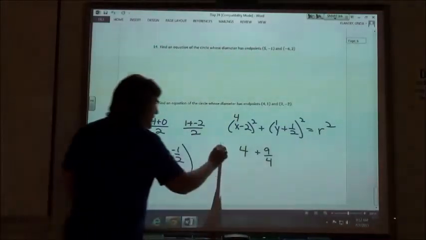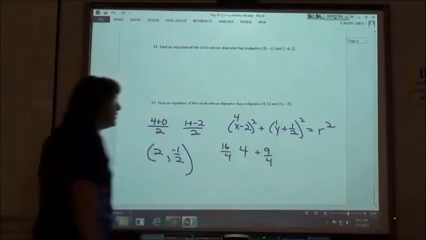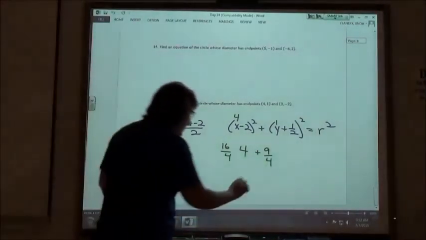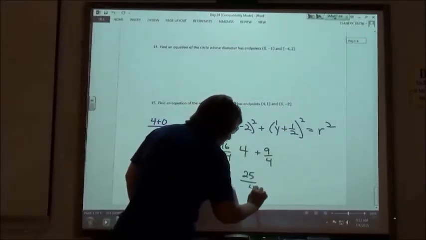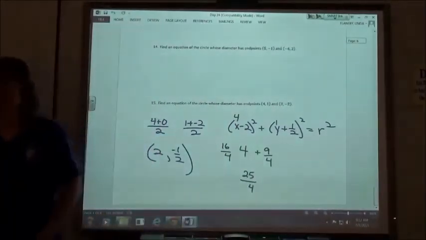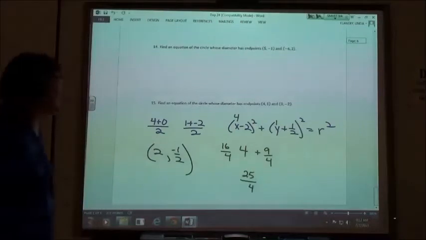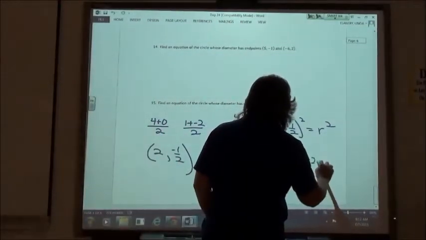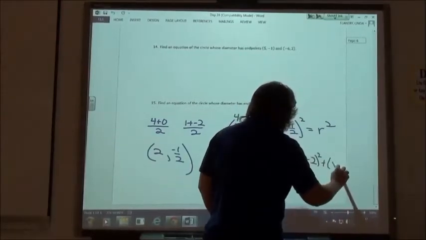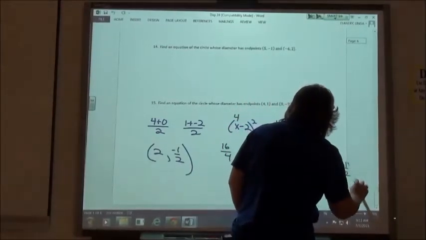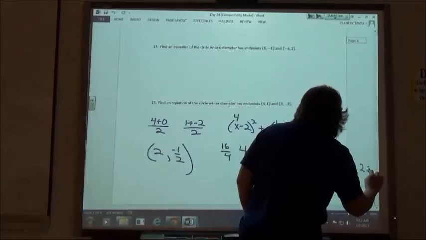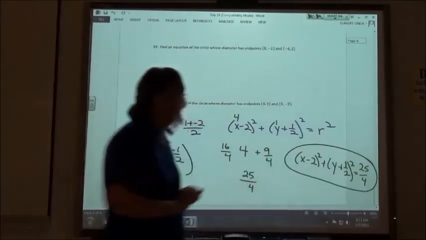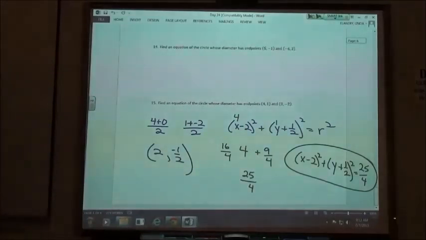So this would be 16/4 plus 9/4, which would give me 25/4, right? So the equation of the circle, (x - 2)² + (y + 1/2)² = 25/4. Easy enough, right?